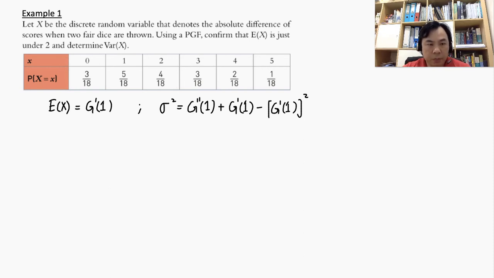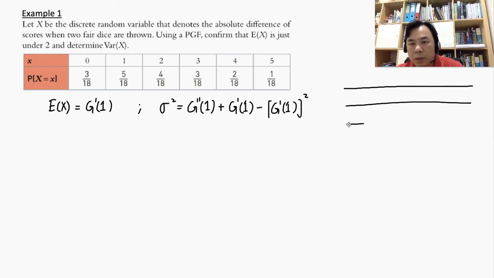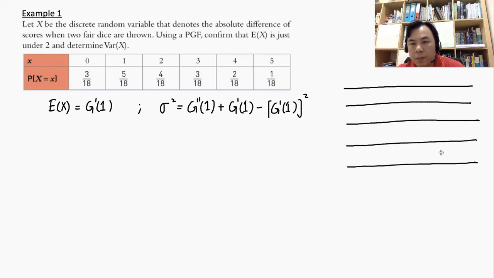Just for demonstration purposes, before we actually obtain this, it will always be good to draw a table like this. 1, 2, 3, 4, 5, 6. 1, 2, 3, 4, 5, 6, 7.